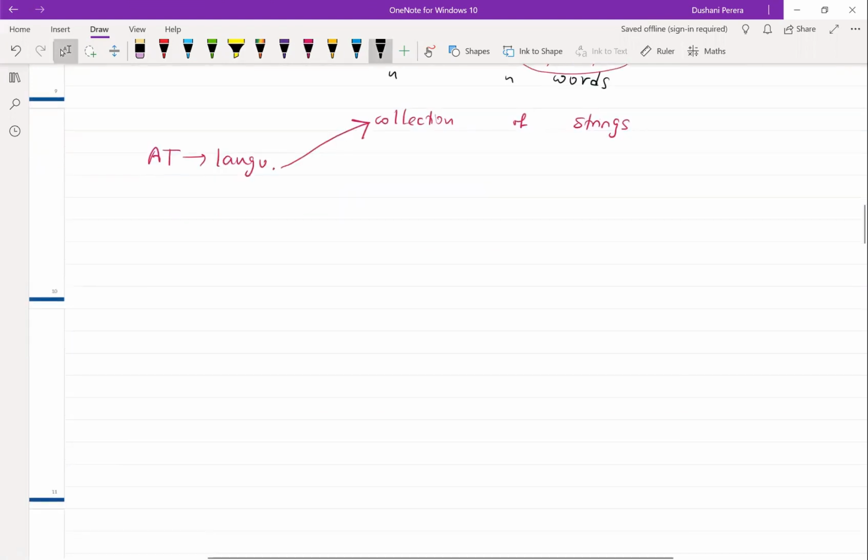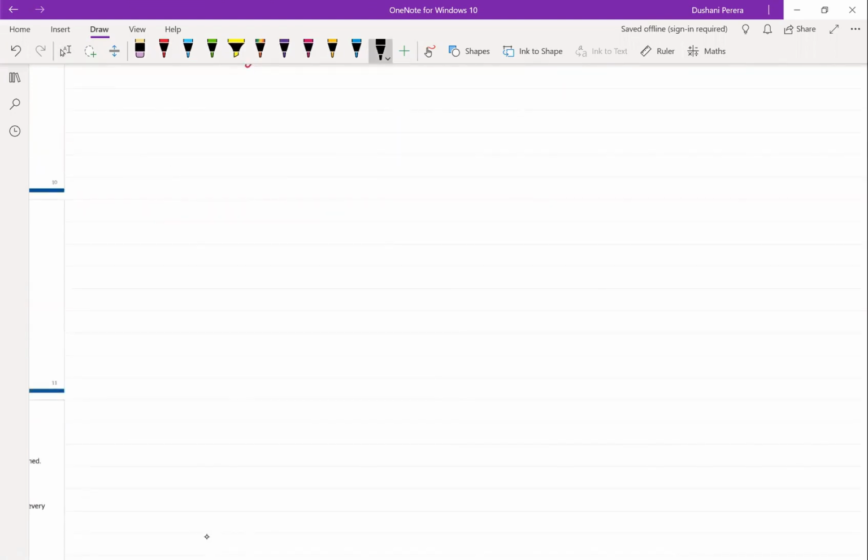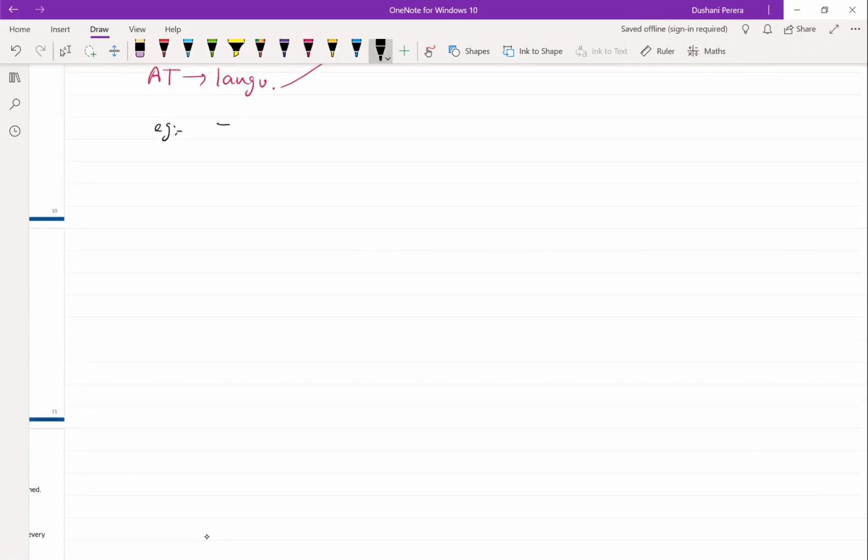Let's take an example. Sigma is equal to {a, b}. Our alphabet is {a, b}. The alphabet has two symbols. Then let's define a few languages on this alphabet.